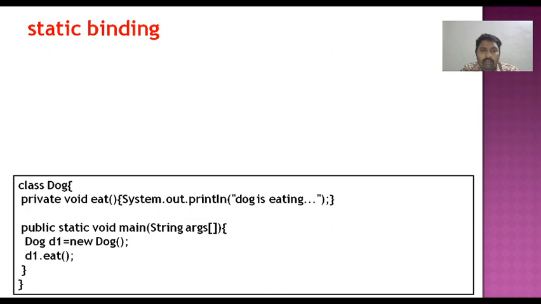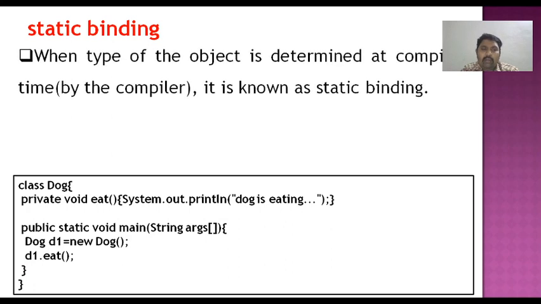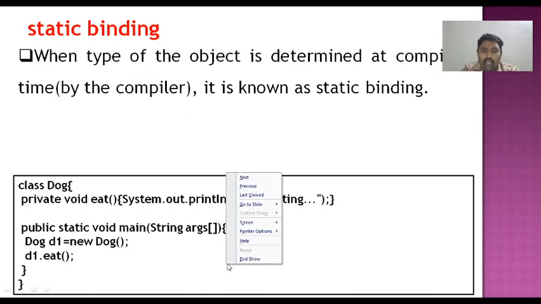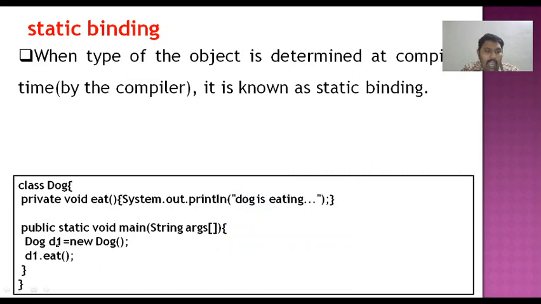What is meant by static binding? If, at the time of compilation itself, you know which method call is going to be associated with which method body, then that kind of binding is called static binding. This happens with private methods. Here I have an object of the Dog class, d1, and with its help I am calling the eat method.